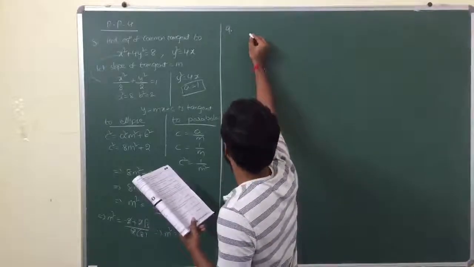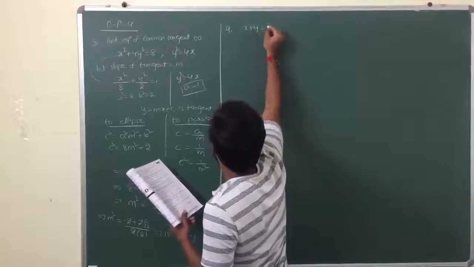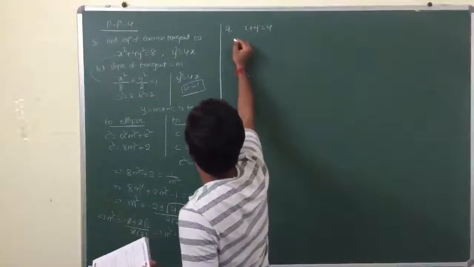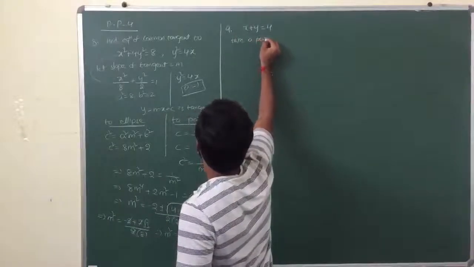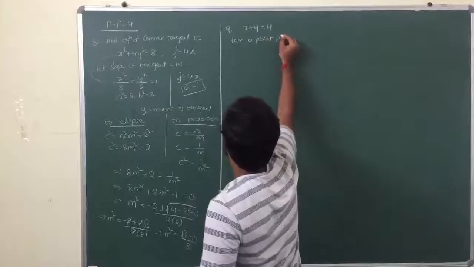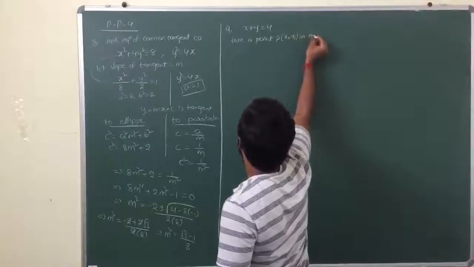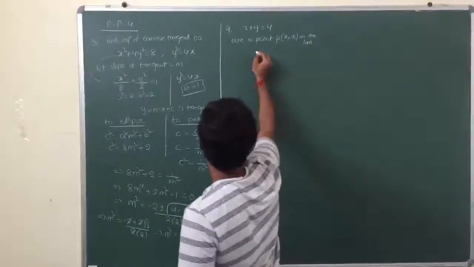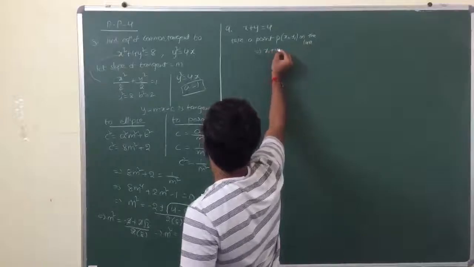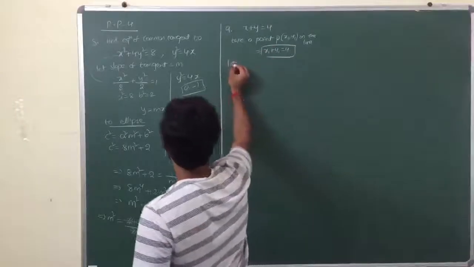Take a point P(x1, y1) on the line x plus y is equal to 4, which means x1 plus y1 is equal to 4. Remember that equation.